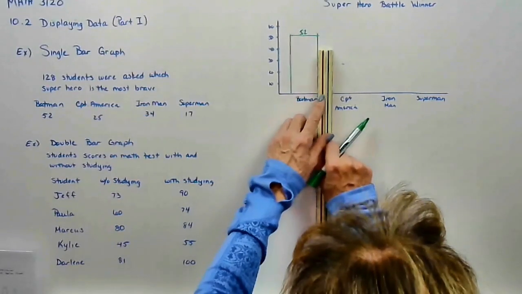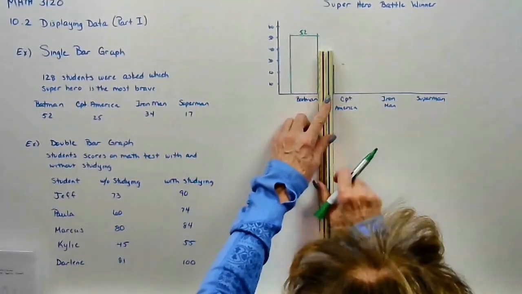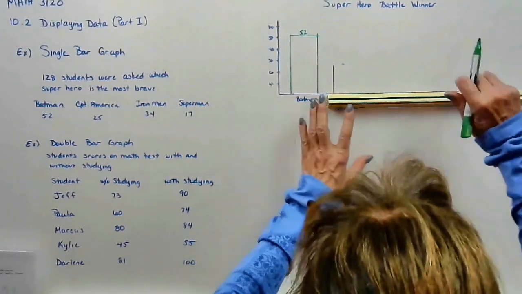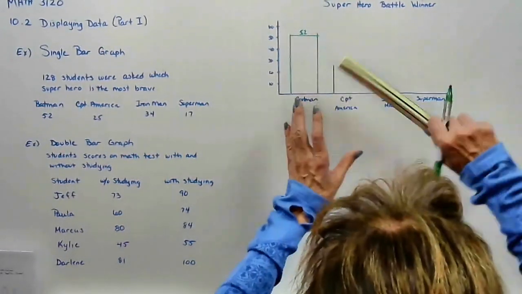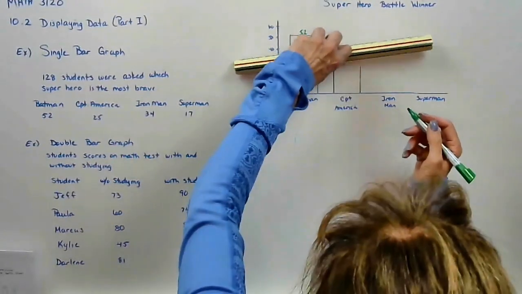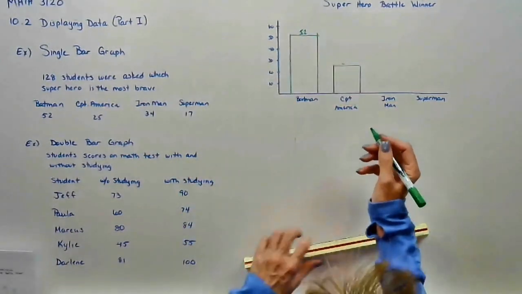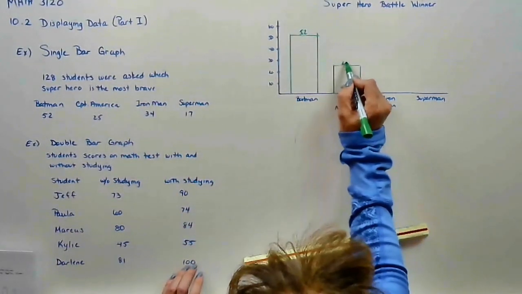And look at that, it is about the width of this. Oh, nice. 1 3/4. And I'm going to make these solid bars. Captain America came up here to 25.